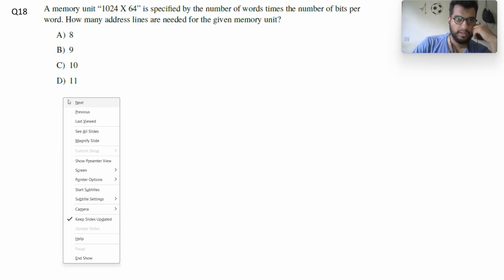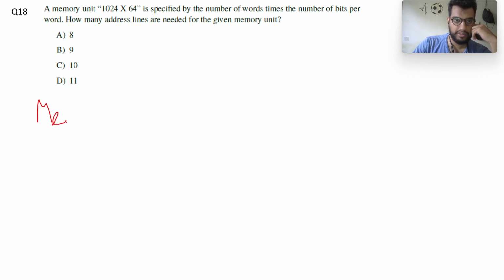Then I have question number 18. It states that a memory unit 1024 cross 64 is specified by the number of words and the number of bits per word. How many address lines are needed? So we have a memory unit.